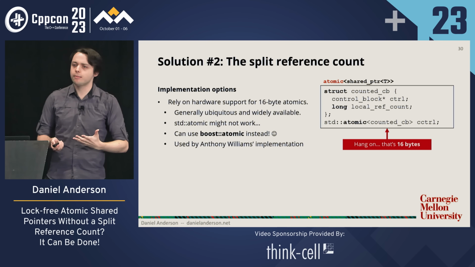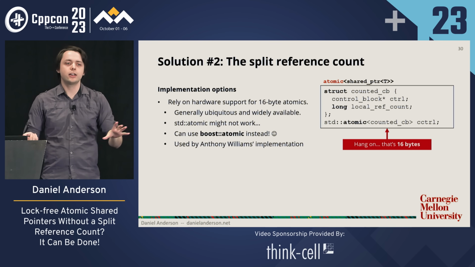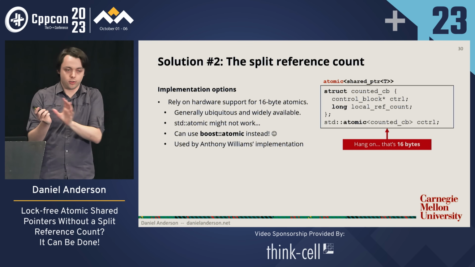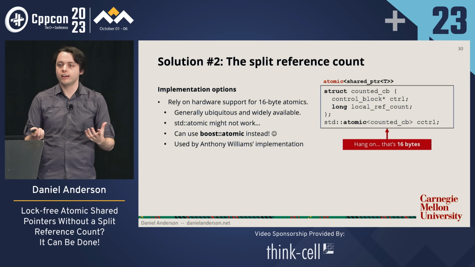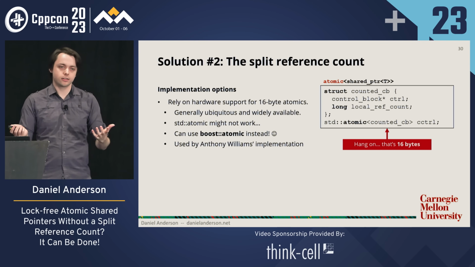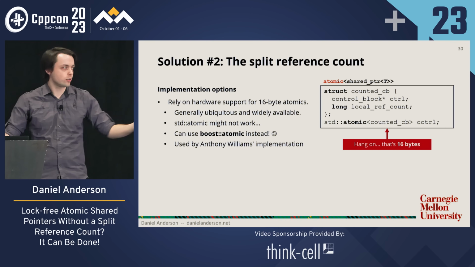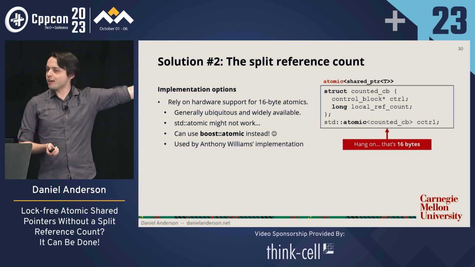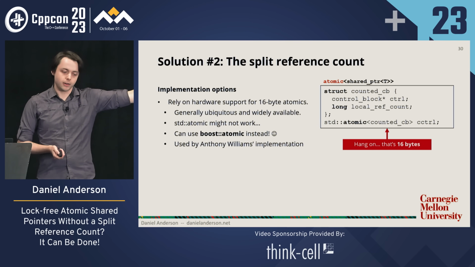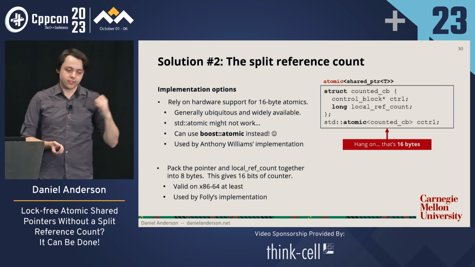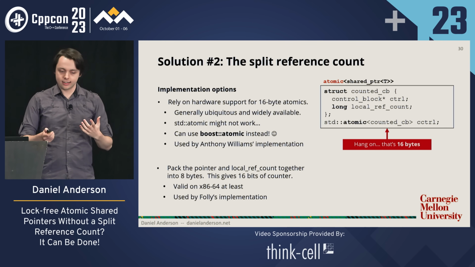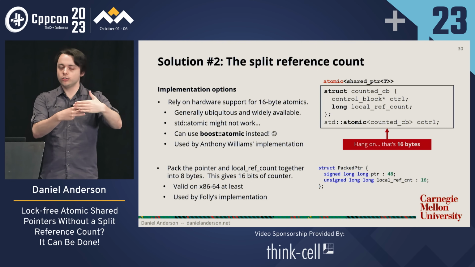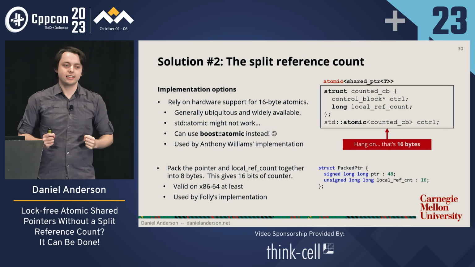Okay, what if you're in the camp where you say, no, I really don't like 16-byte atomics, or maybe you agree they exist, but you don't like that they're slower? They're about twice as slow as an 8-byte atomic on x86, because it's twice as many bytes, who'd have thought. So some people avoid them just because they are slower. Your other option, and this is what is used by Folly's implementation in production, is to pack your pointer and your local ref count into 8 bytes.